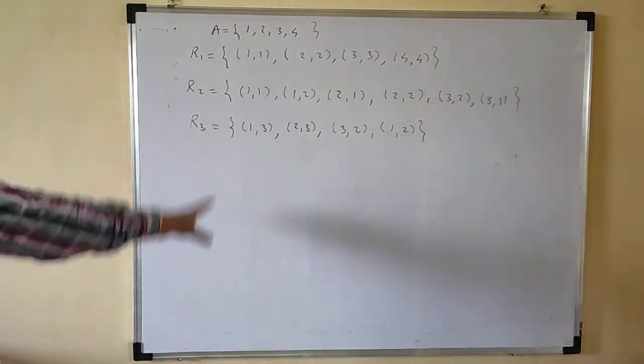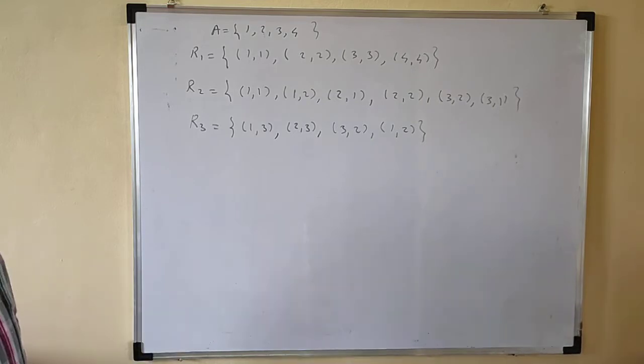Okay, so we have given these three relations. We check whether those relations are transitive or not.